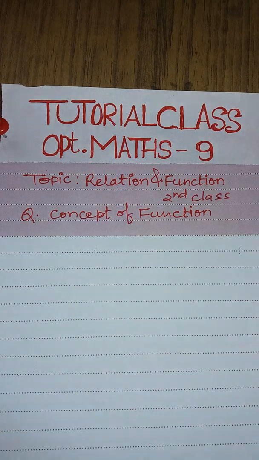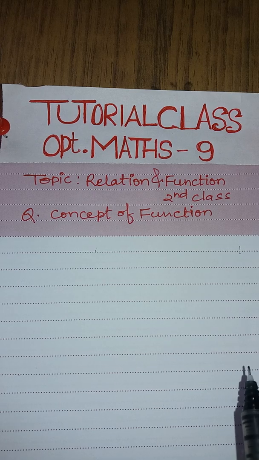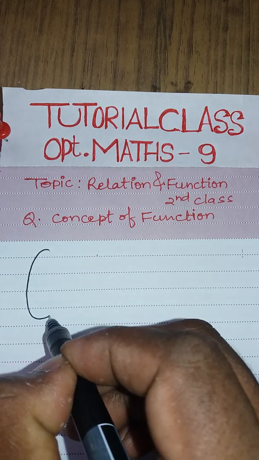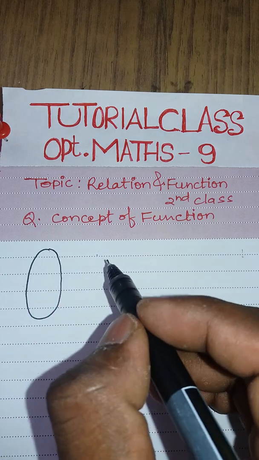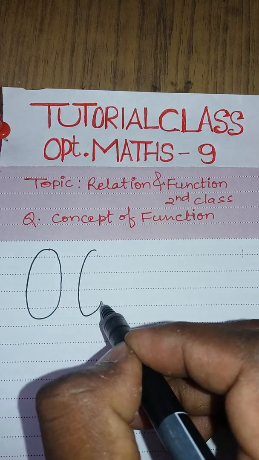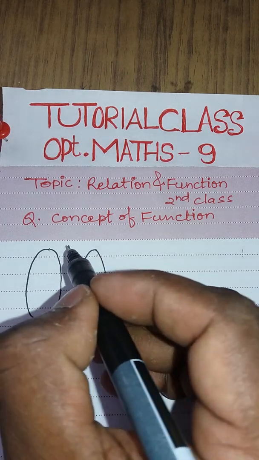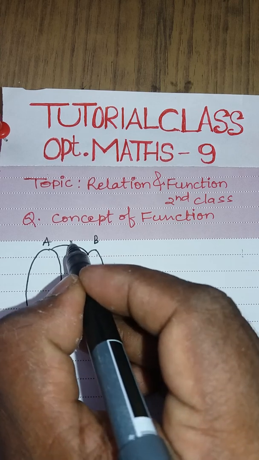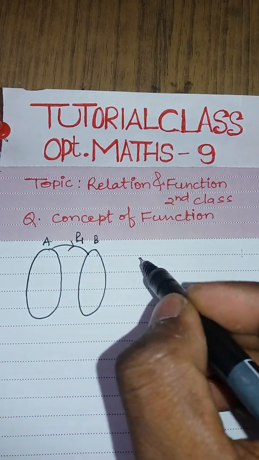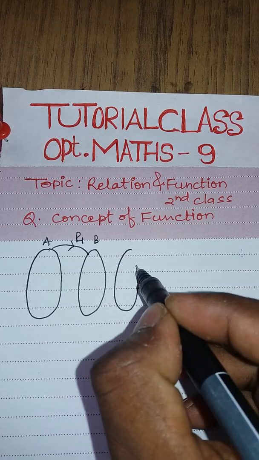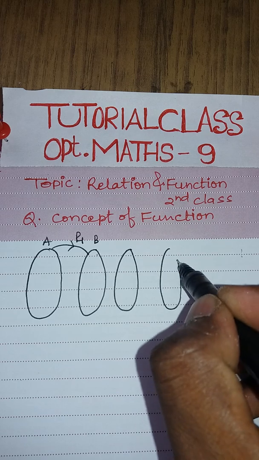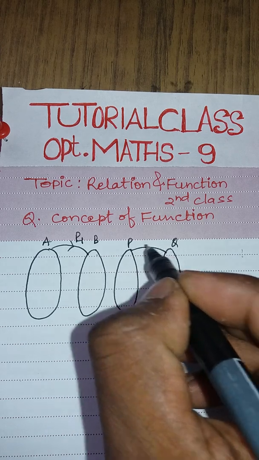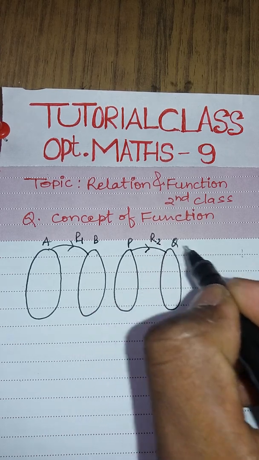See, I am going to draw some arrow diagrams. Arrow diagrams are here. This is set A, set B. One relation I am going to set up here, denoted by R1. Another arrow diagram, set P, set Q, and its name is R2.